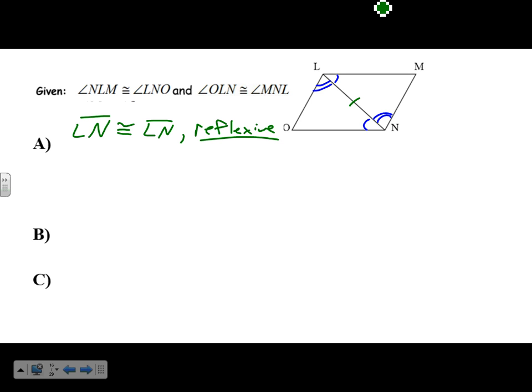Between that and vertical angles, those are ones we use the most in this chapter, I would say.